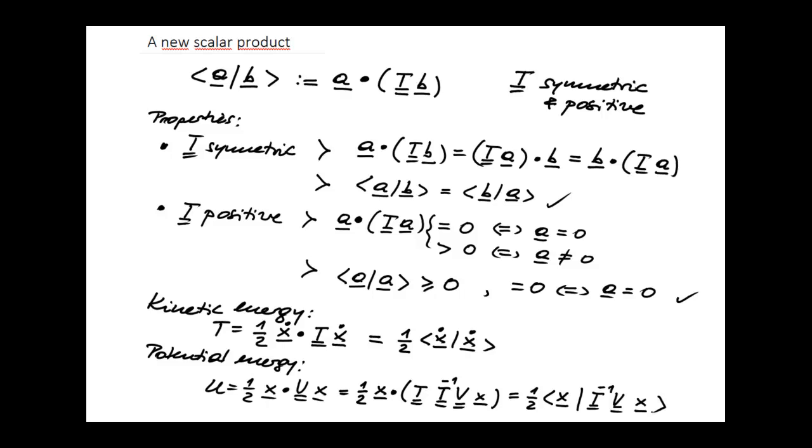You may wonder what we have gained by introducing this new scalar product. That's something I would like to show you on the next page. It helps in formulating the general solution of our small oscillation problem. So what's the use of this new scalar product? Let's look a bit more closely at the expression for the potential energy in terms of this new scalar product.